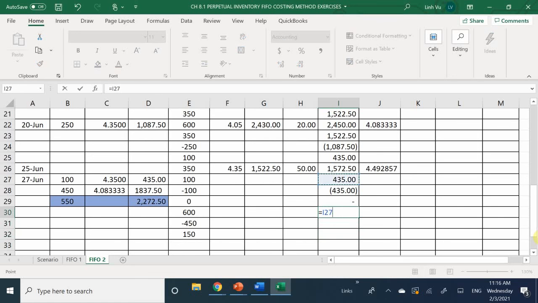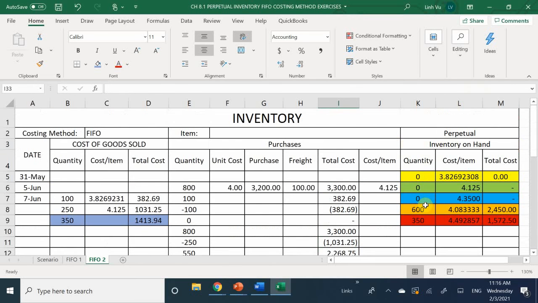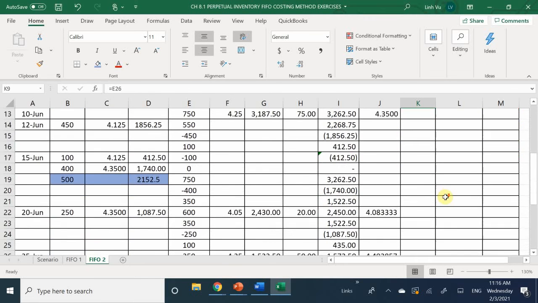We're going to pull the information from above, subtract out this 1837.50 to get a new grand total of 612.50. I'm going to go up here, so this is 150, and we validate that 612.50 is what you're going to actually have, all right?